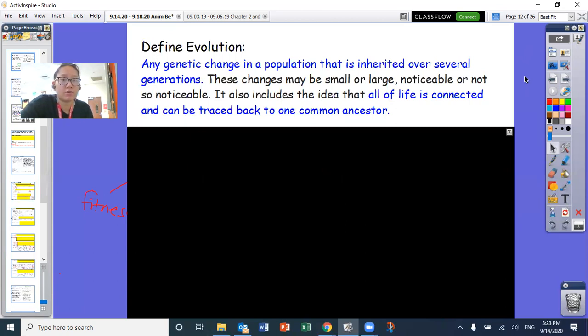So to define evolution, it is any genetic change in a population that is inherited over several generations, right? These changes may be small or large, noticeable or not so noticeable. It also includes the idea that all of life is connected and can be traced back to one common ancestor.